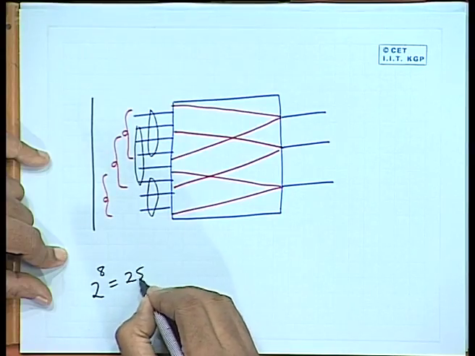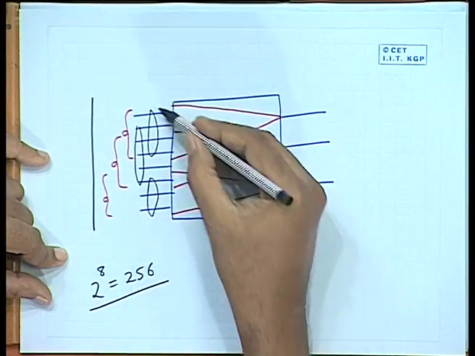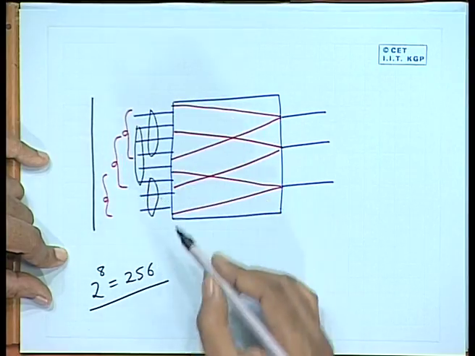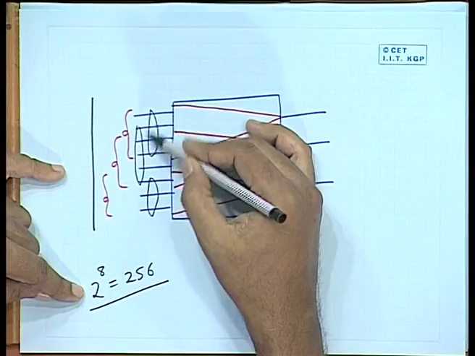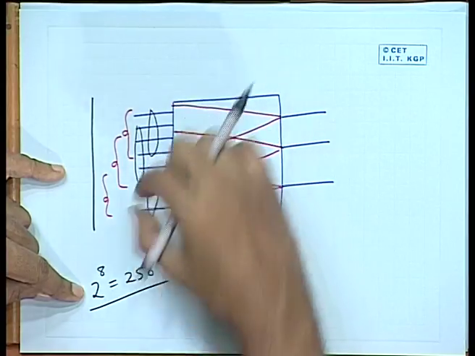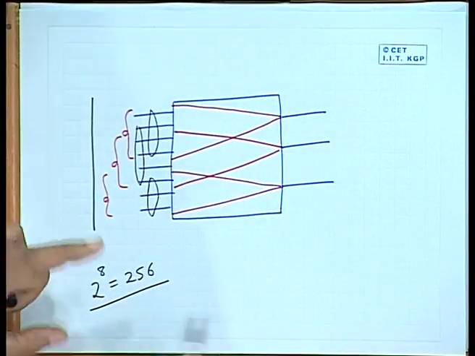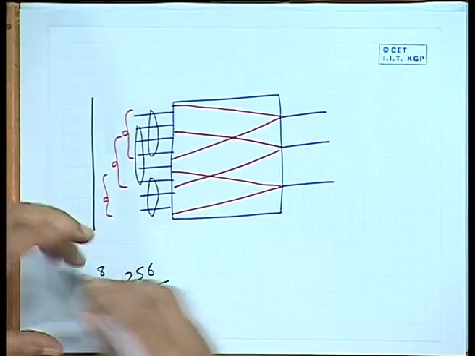Now, pseudo exhaustive says that the total input here is 8 for example. So, if we apply total exhaustive pattern, it would have been 256, but it says that you try to generate a number of patterns which is much less than 256 and which will cover all possibilities within these small subsets. This is the basic concept behind the pseudo exhaustive. Okay? Fine.